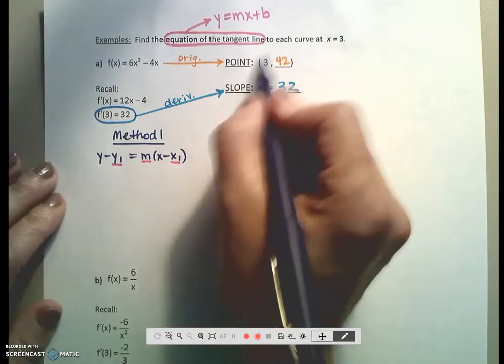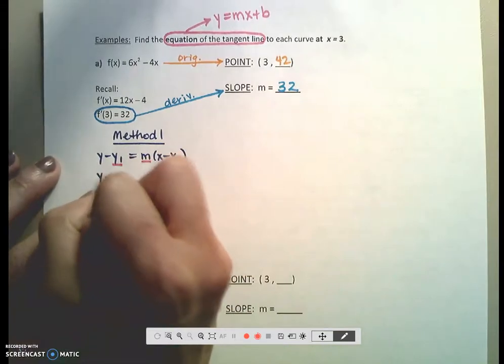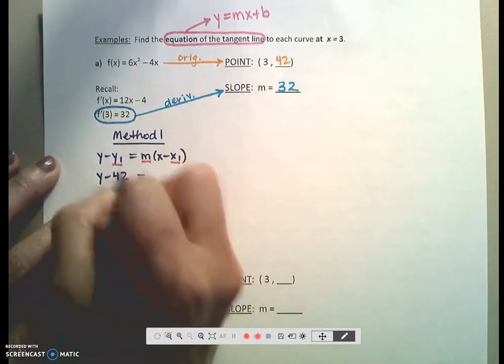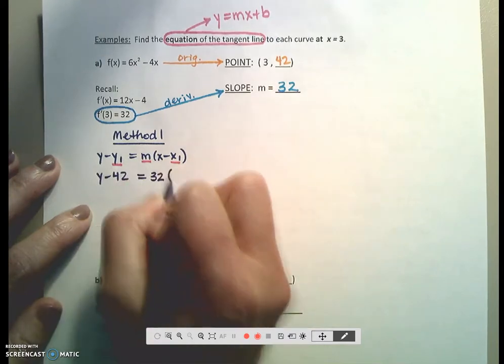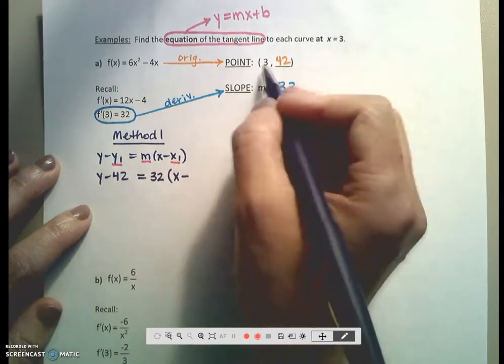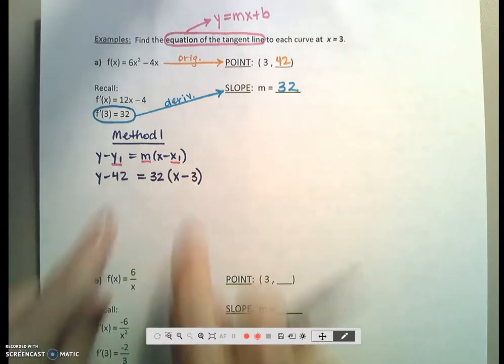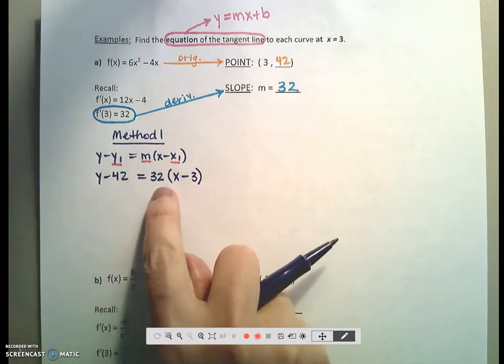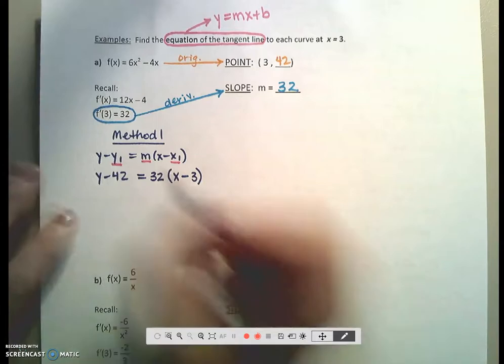So you're going to take the x and the y from your point, and you're going to go y minus 42, that's the y value of your point, equals the slope times x minus the x value of your point. So the parts of the point go here, the slope goes right here, 32, and then you just distribute and solve for y.